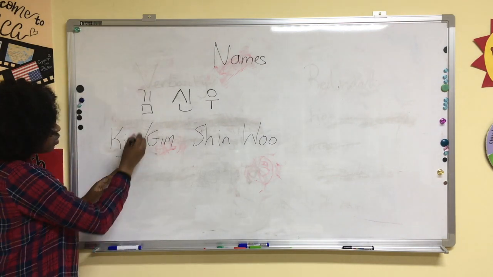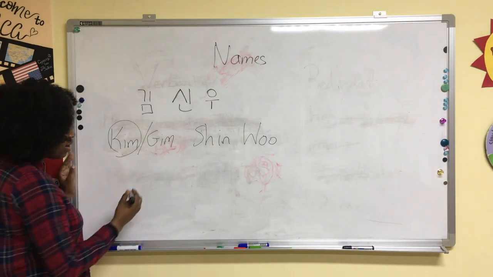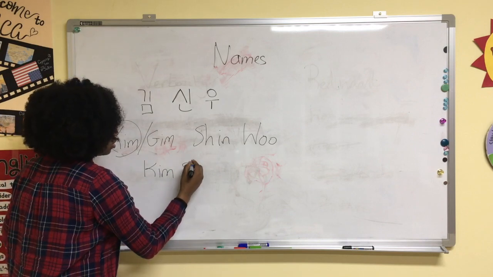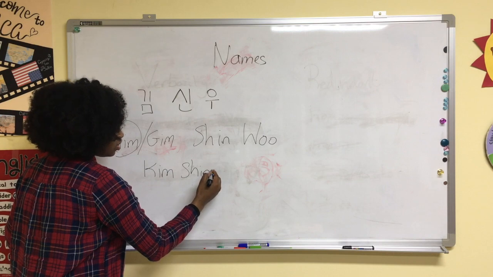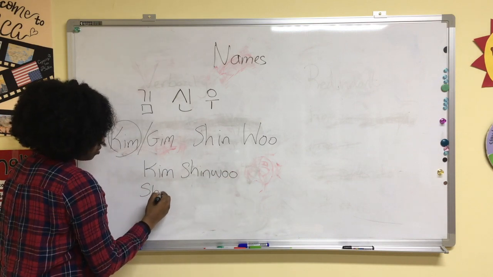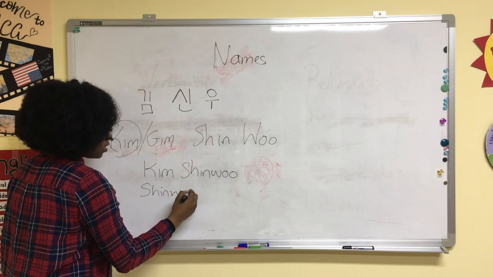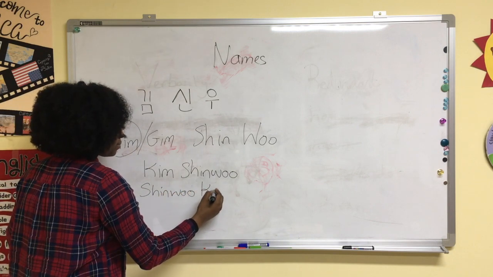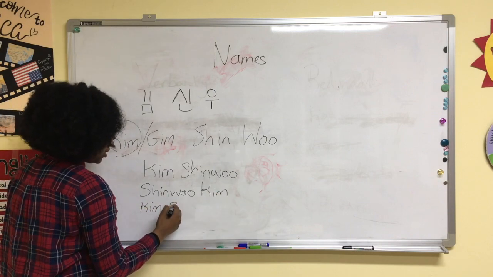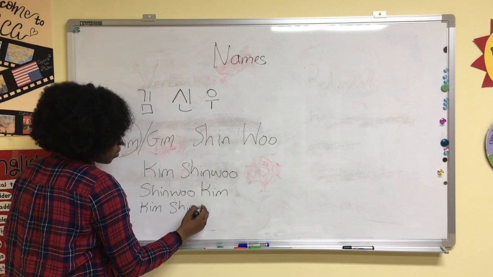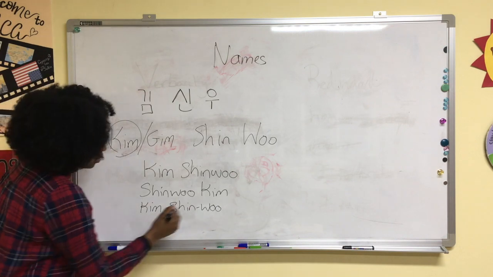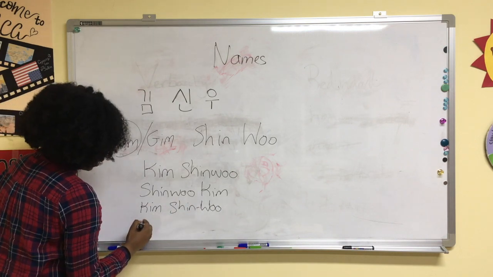Let's say I'm gonna go for this, because this is usually how I write Kim. So some people can say like this: Kim Shin Woo, or Shin Woo Kim, or Kim Shin Woo, like that, or like this.